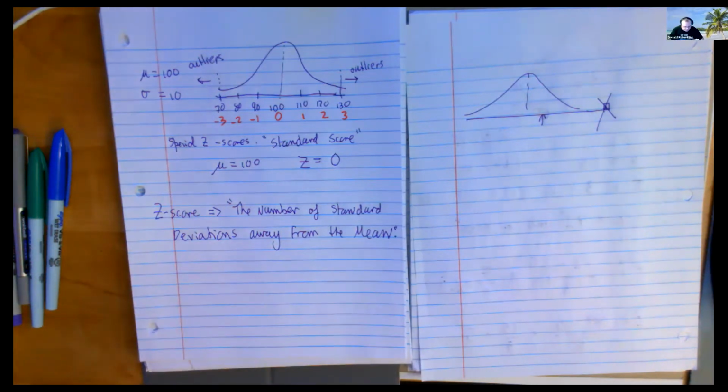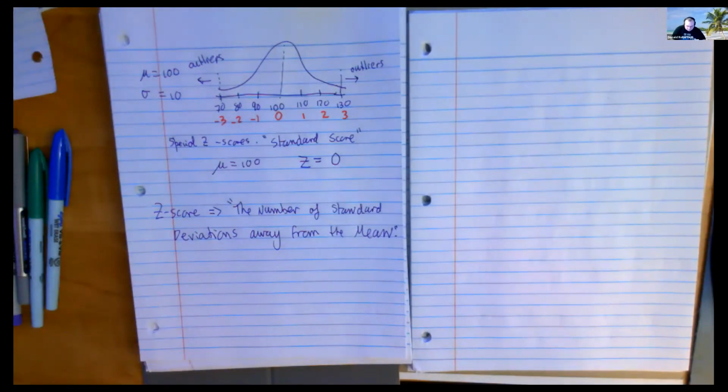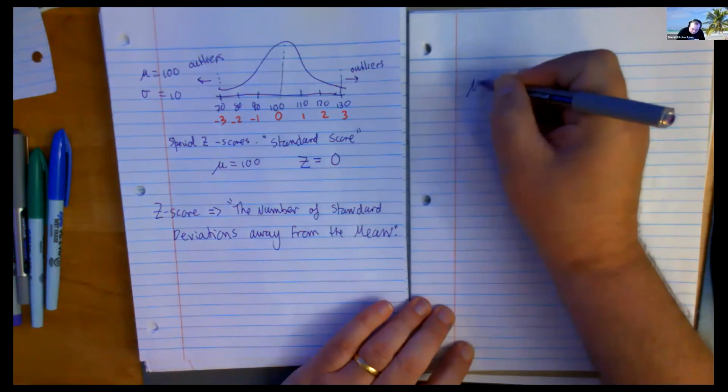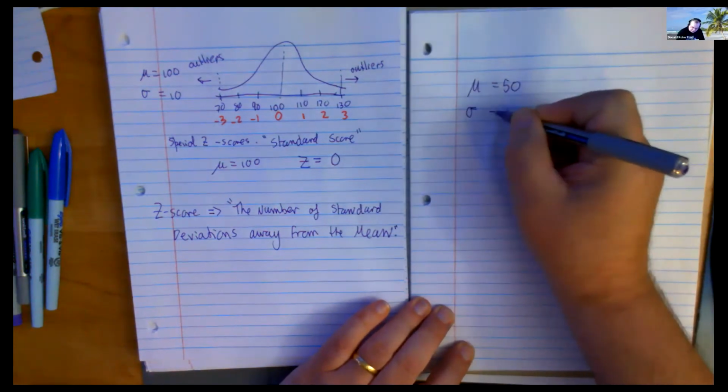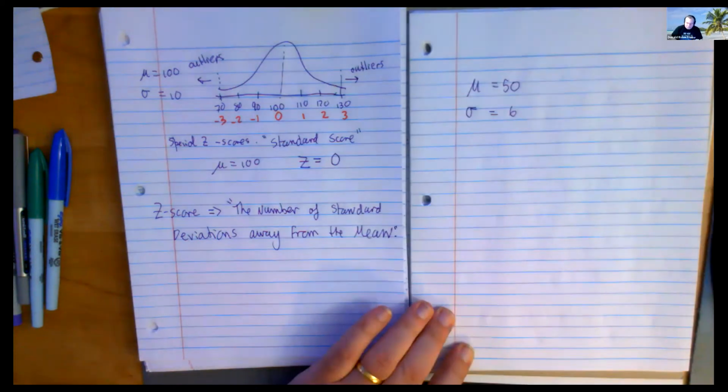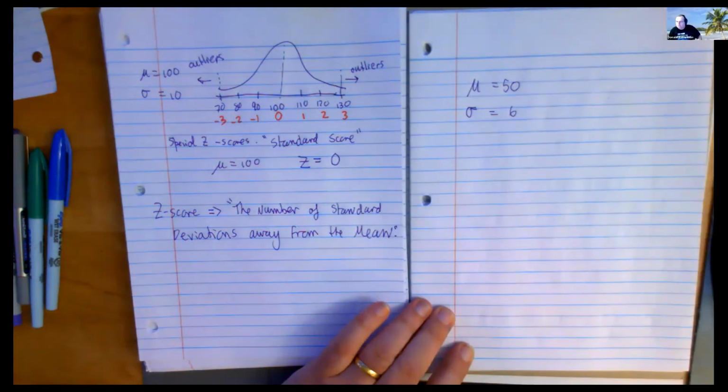Now, I've been asked to do another example. So let's suppose the mean is 50 and that the standard deviation is 6. And I'll have this as a test, right?